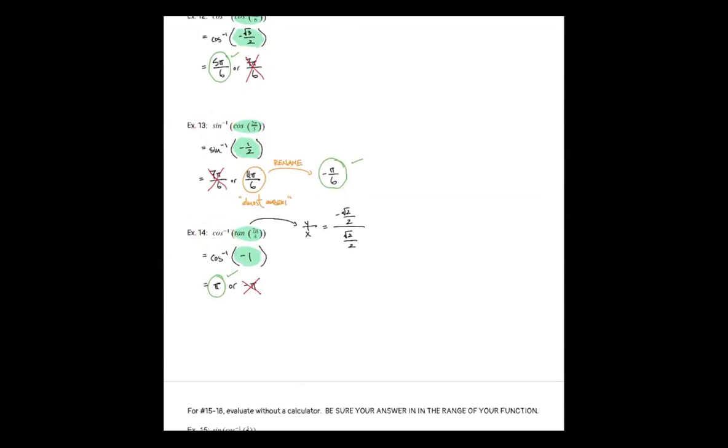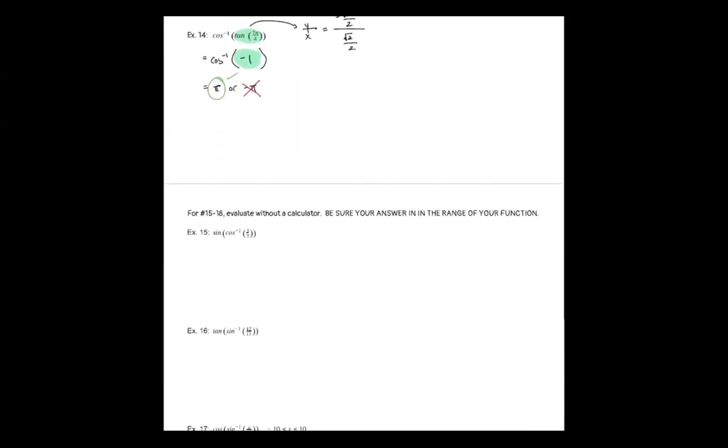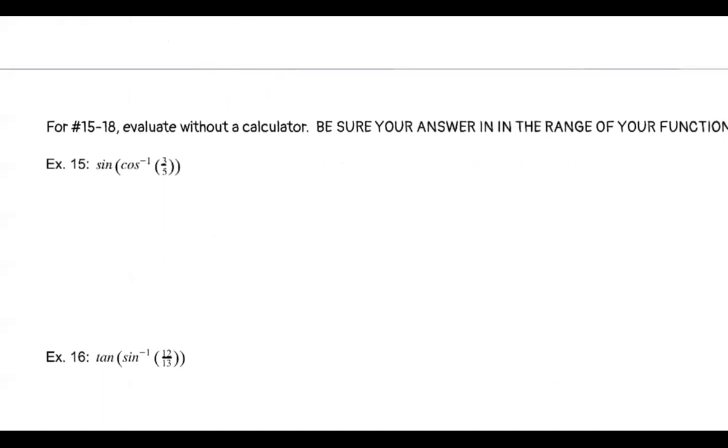Okay, so the fact that we have inverse functions in different places might mean that we change our strategy. Okay. And that's really the key difference I wanted us to notice there, that in these cases, we have the inverse trig ones on the inside. And it turns out that we can solve these problems just by drawing and labeling a triangle.